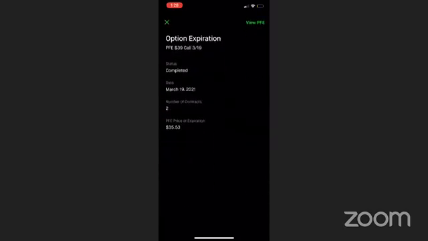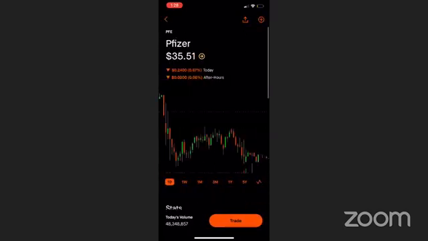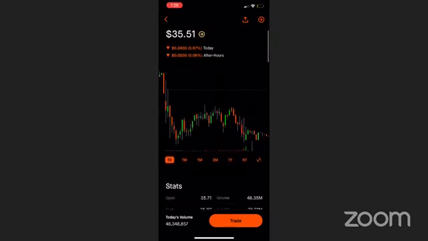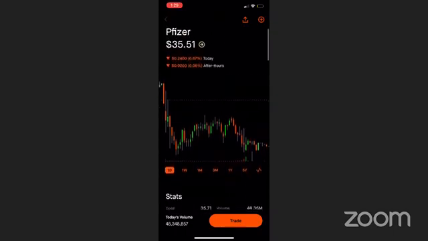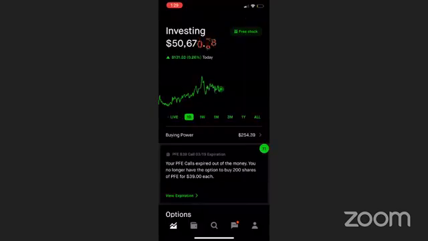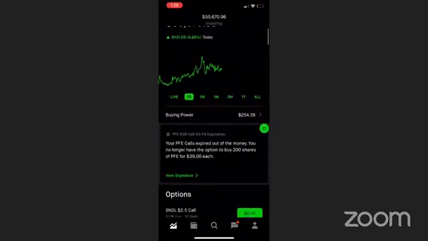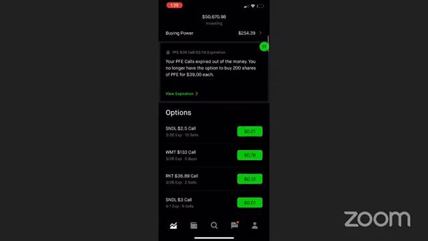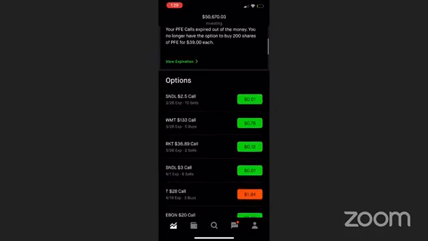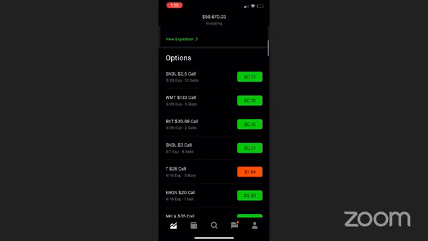I don't know what it is right now. Let's see. $35.51. So I would have lost $3.50 a share times 200 shares, so basically about the same. But in this case, I'd rather it came out of pocket. If I was going to lose about the same amount of money, I'd rather have lost the $700 than be chipping away at $7,000. So let's look at some calls.